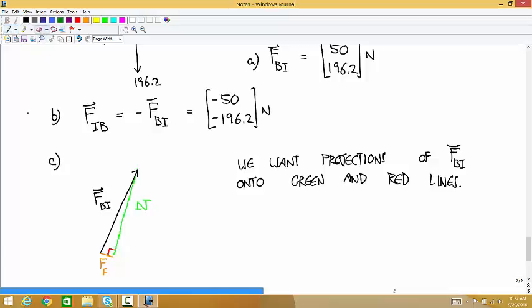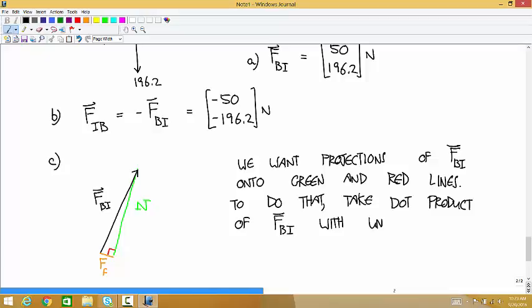To do that, we're going to take the dot product of the force on the block by the incline with unit vectors in those directions. So we need unit vectors in the green direction and the orange direction.